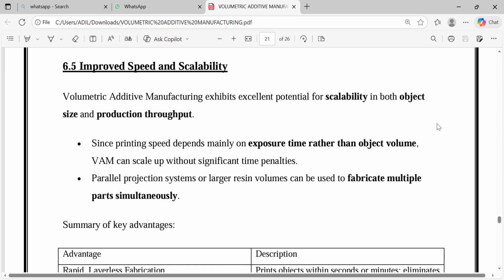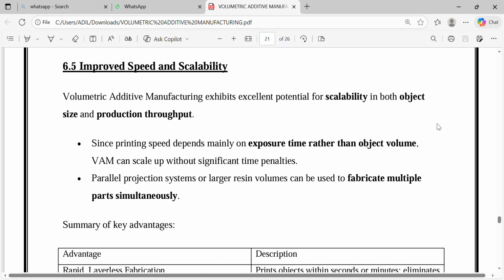Since printing speed depends mainly on exposure time rather than object volume, WAM can scale up without significant time penalties. Parallel projection systems or larger resin volume can be used to fabricate multiple parts simultaneously.